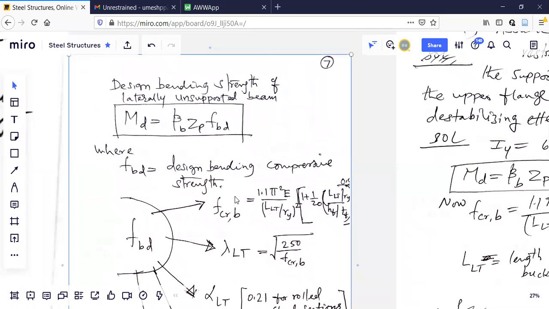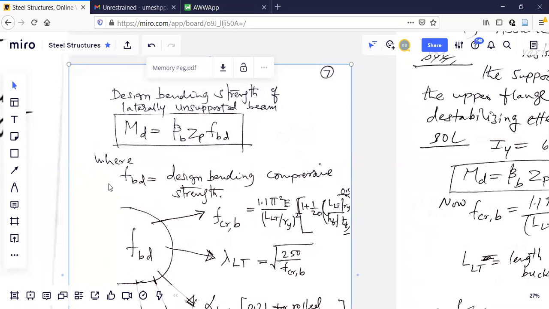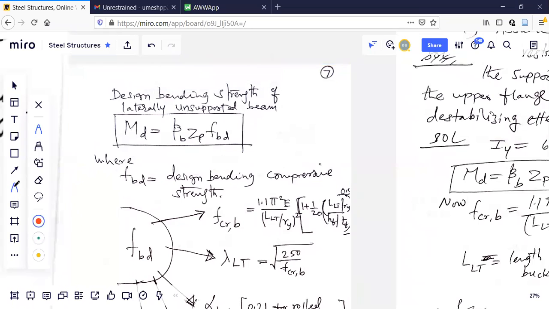Observe this one here. What it means is, when you compare design bending strength for laterally restrained or laterally supported and unsupported beams, the formula looks very similar. The way you calculate the stress, whatever stress I have shown here, is different. In that case, it was very simple.